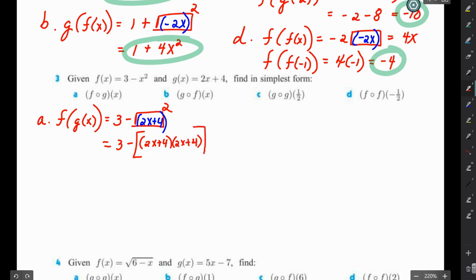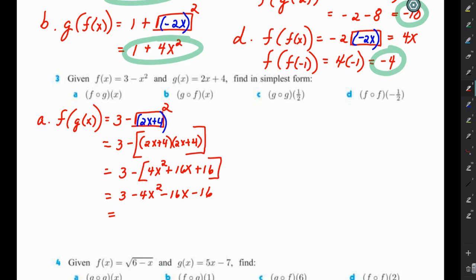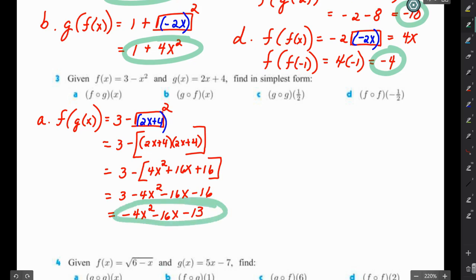We have to FOIL that. Now we'll distribute the negative. That's 3 minus 4x squared minus 16x minus 16. Final answer on that one would be, I'm going to put it in standard form, negative 4x squared minus 16x minus 13. Well, that was a little tricky, that one.